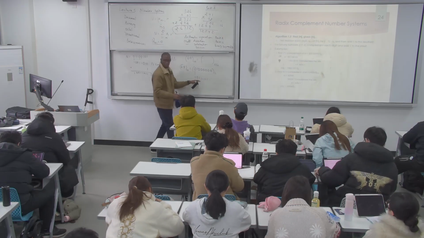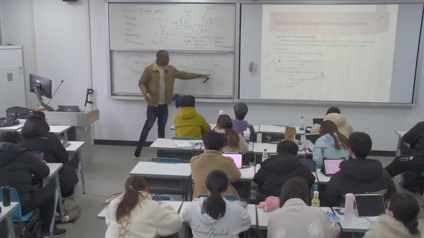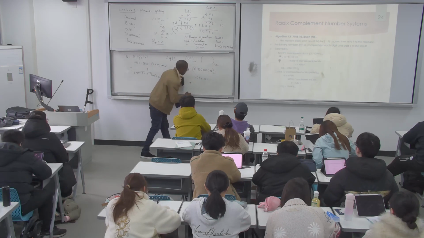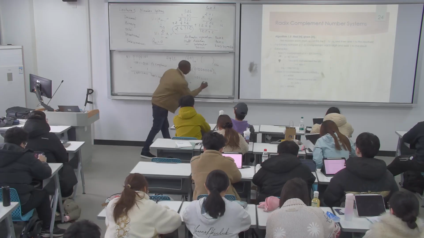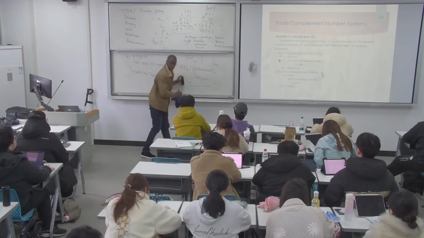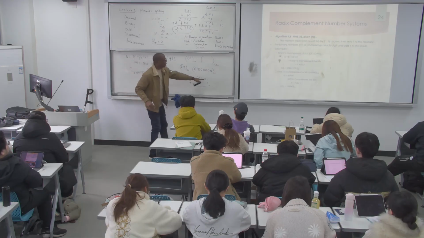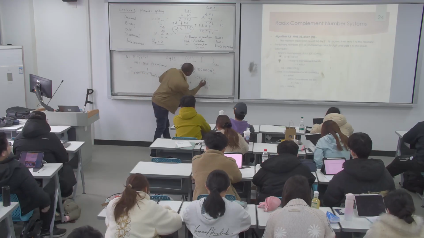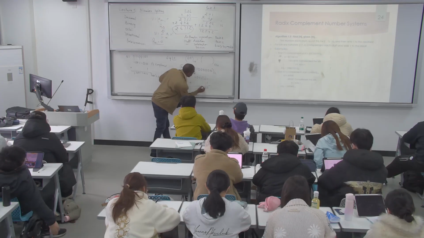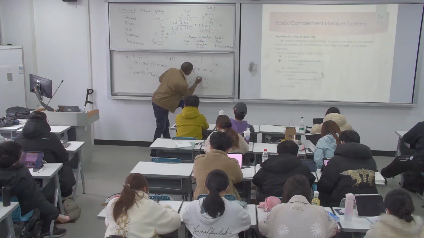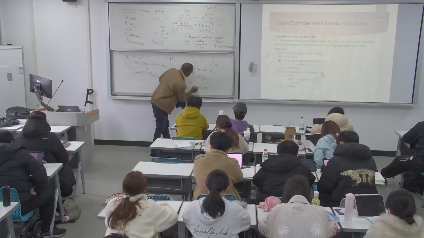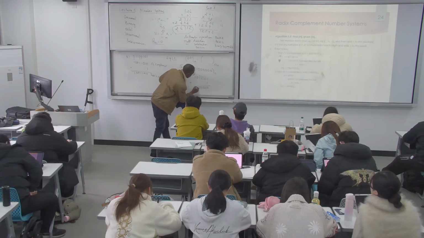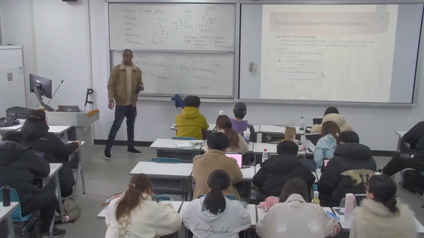Then we have 1's complement of this number. Then you add 1 to the least significant bit. You have 1 here. Clear? Now 1 plus 1 is 0, 1 plus 1, 0, 0, 0, 0, 0, 6 zeros, then 1, 1. Clear?